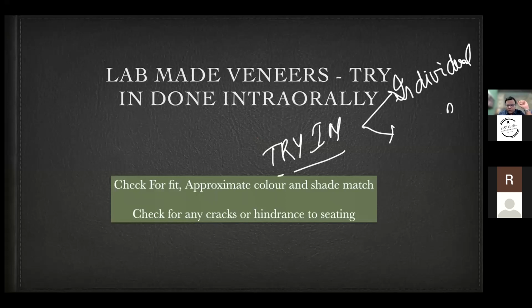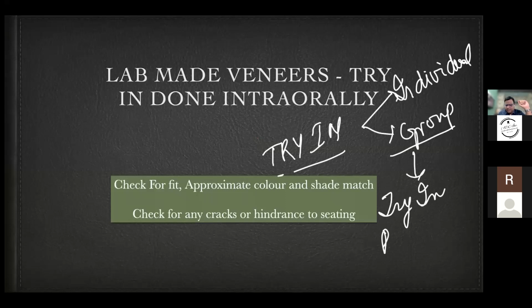When you do a group trial, you will either use a try-in paste, which many companies provide, or use KY jelly. 1 drop of KY jelly so that the veneer sticks in place. Now you put all the 6 or all the 8 or all the 10, whatever your planning is, there. See whether they all fit well without hindering each other.